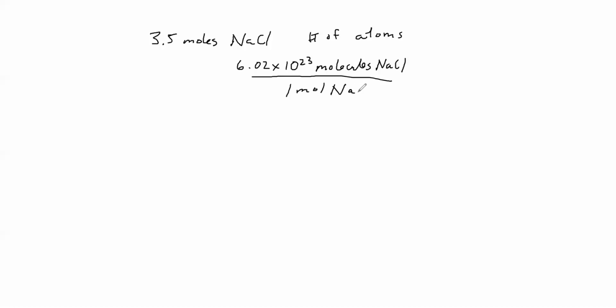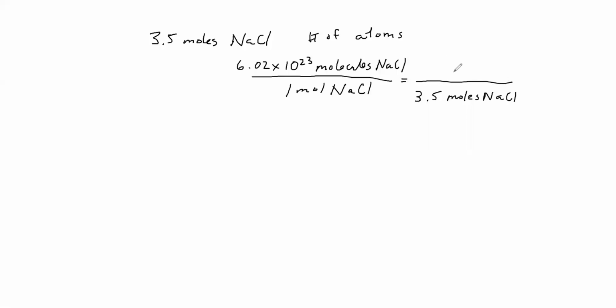Remember, a mole is simply a number, much like a dozen represents 12. A mole represents a giant number in the form of 6.02 times 10 to the 23. It can be anything. In this case, it happens to be molecules. So I have 3.5 moles rather than 1 of NaCl.